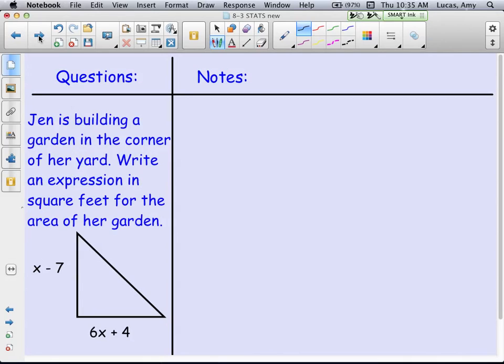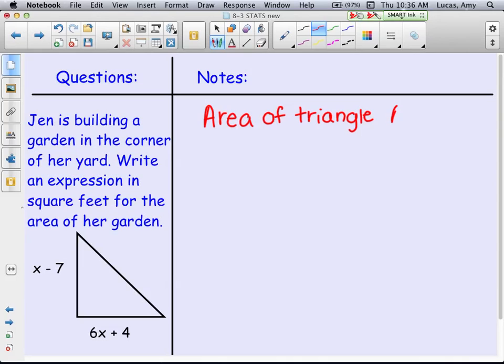Our question here: Jen is building a garden in the corner of her yard. Write an expression in square feet for the area of her garden. Well, her garden is shaped like a triangle, and the area of a triangle, hopefully you remember from a previous course, is base times height divided by 2.